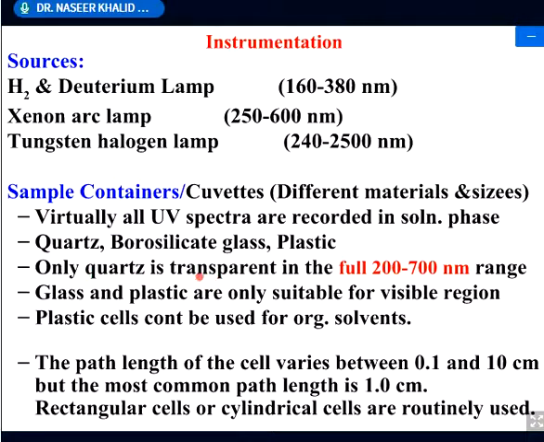When we say transparent, even simple glass is transparent, but here we mean spectroscopic transparency. Spectroscopically transparent means that in this region the molecules of the quartz are not absorbing or interacting with the electromagnetic radiation at this wavelength.